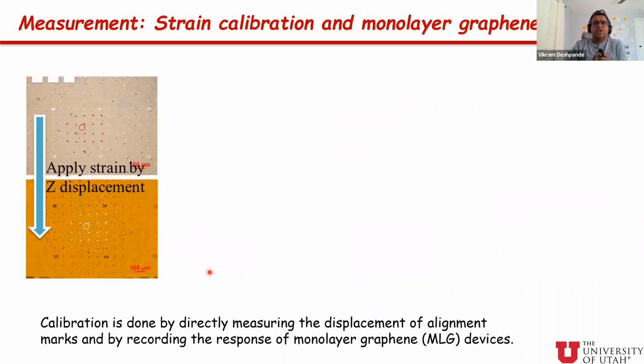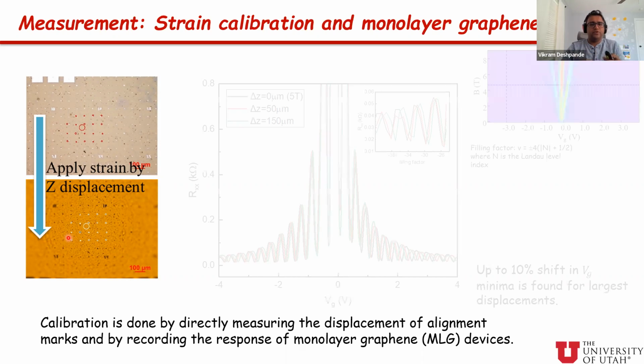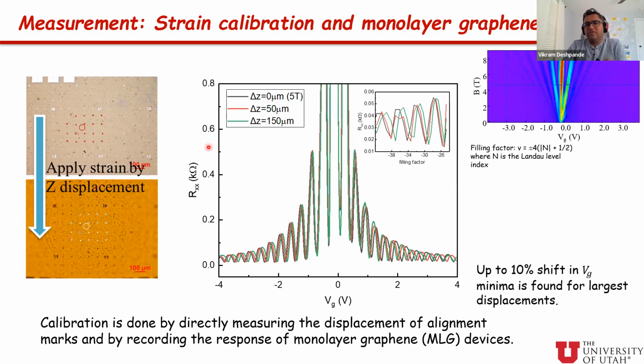All right, so let's talk about our strain measurements. First we calibrate our strain by looking at how pre-patterned alignment marks move as a function of the Z displacement, and that gives us a measure of what the strain in our substrates is. Another thing that you can do to calibrate the samples is to use simpler samples, and so we use, for example, monolayer graphene.